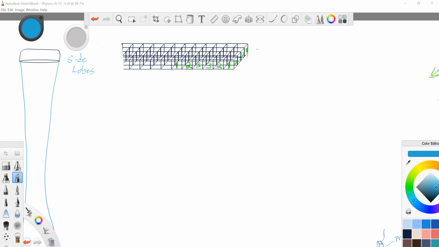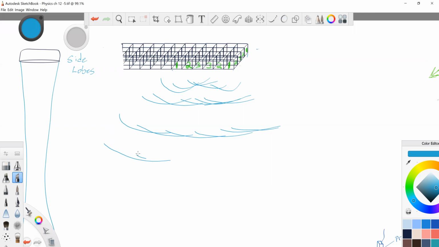And let's see, as I draw in kind of a wave front coming out. Okay, so we have our Huygens wavelets, of course, and these Huygens wavelets occur with both single element and multi-element transducers. Here I have a multi-element transducer.